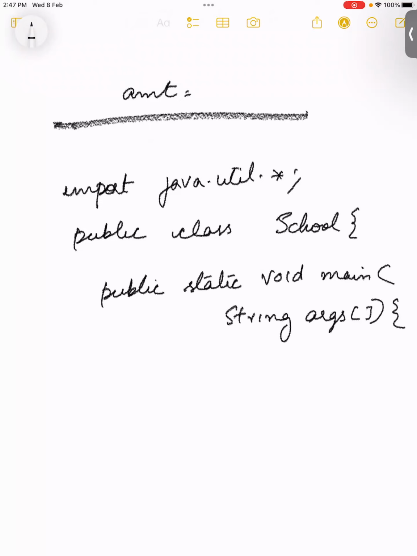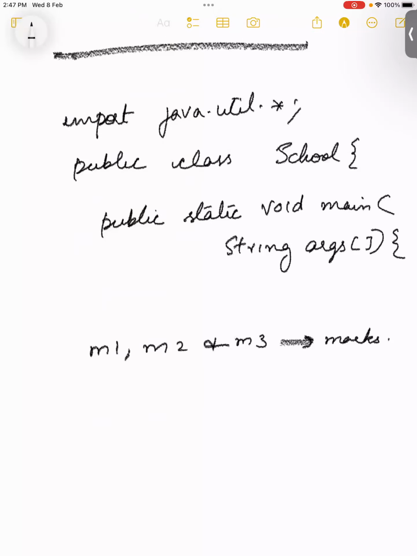Hrithwik, can you just read it and tell me how many arrays are there? 3, because of the 3 subjects. Okay, so assuming M1, M2, and M3 are related with marks. Yes. Fine. But how many students are there?